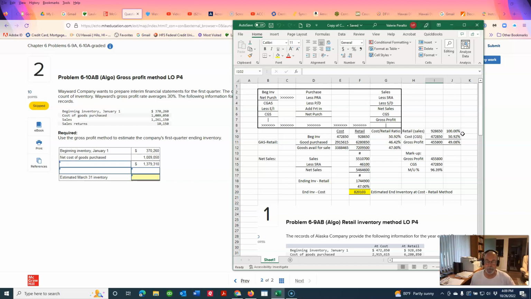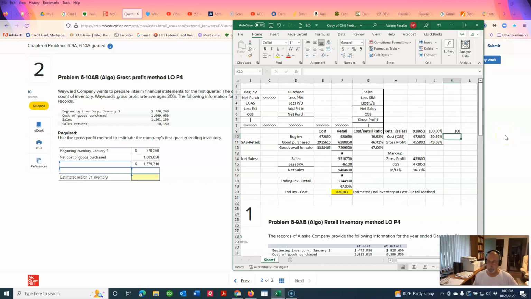If you find that a bit confusing, just look at it this way: if we round these numbers off, sales is always 100. So if the cost of our sales is 52, that means our gross profit is 48. On the other hand, if the cost of our sales is 48, our gross profit will be 52.